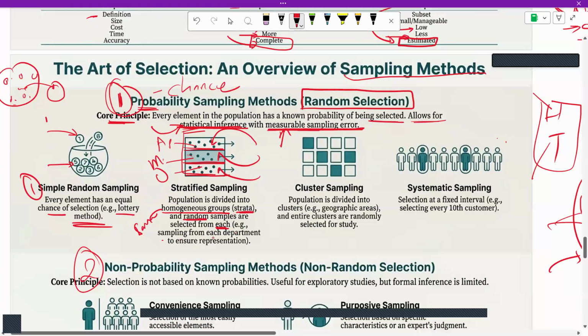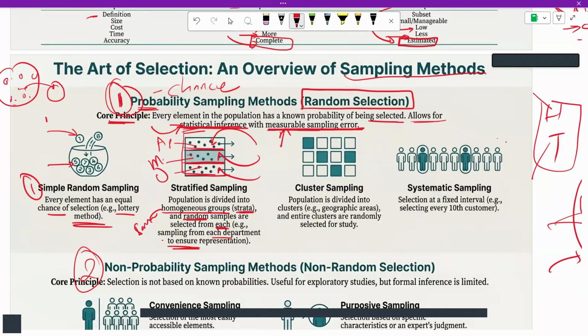Example, sampling from each department to ensure representation. For example, assume that 20 students have to be selected from the faculty. We select five students from first year, five from second year, five from third year, and so on.